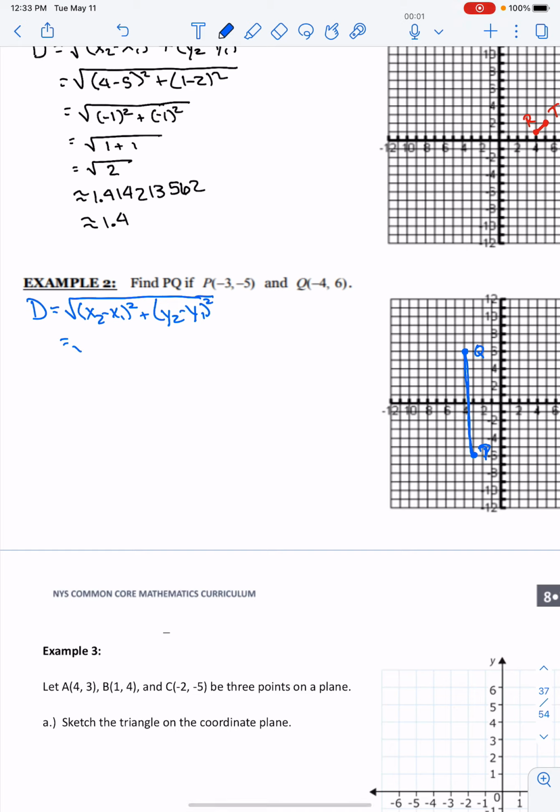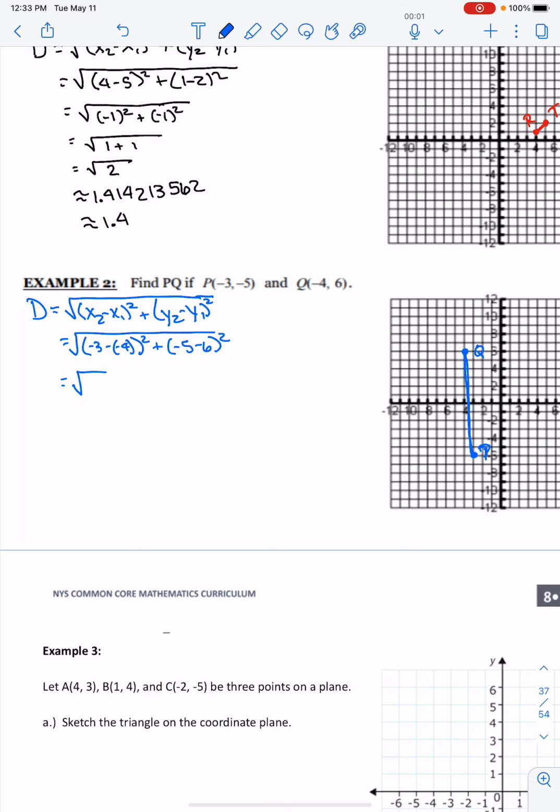And we're going from P to Q. So for P we have negative 3 minus negative 4. Let me redo that. So we have the square root of negative 3 minus negative 4 squared plus negative 5 minus 6 squared.